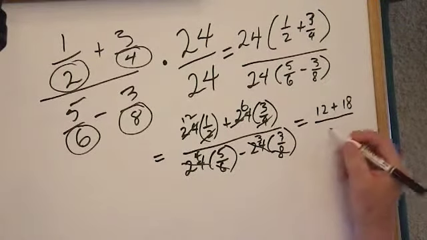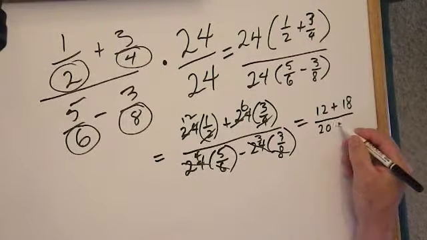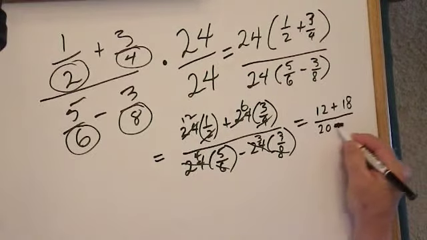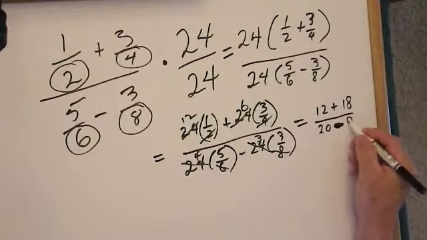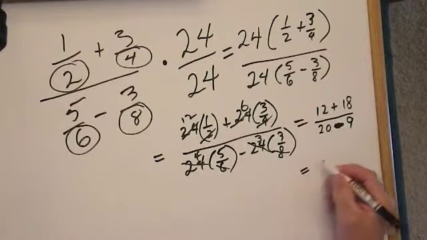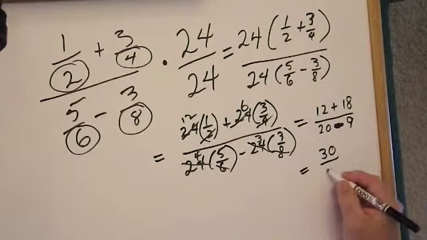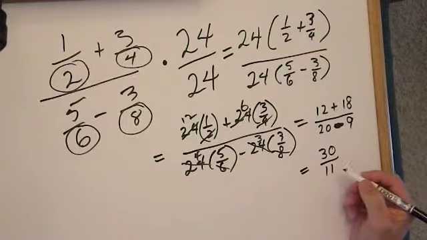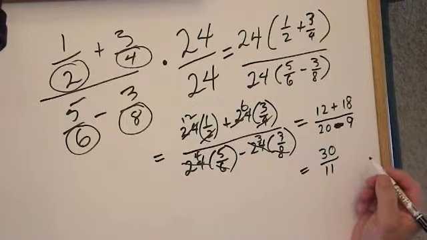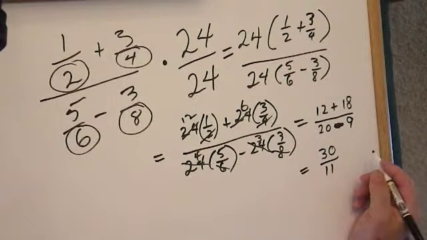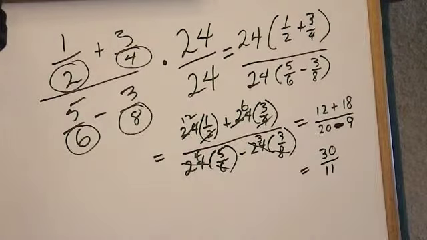So I end up with 4 times 5, which is 20, minus 3 times 3, which is 9. And that's going to be equal to a 30 on the top and an 11 on the bottom. So 30 over 11.